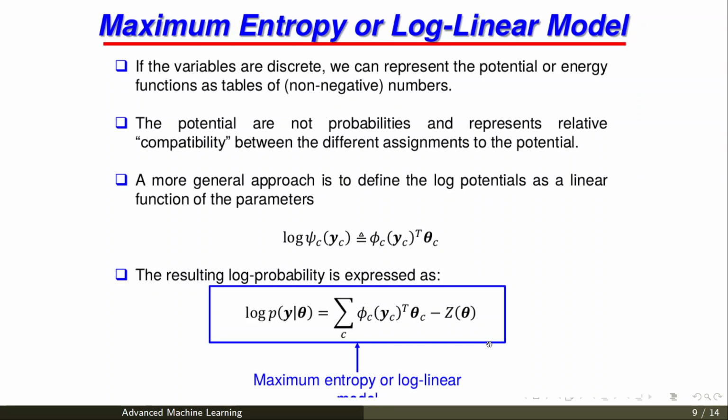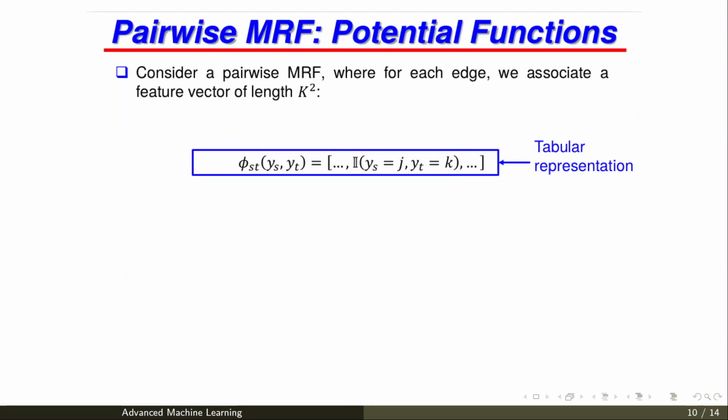So the resulting log probability is expressed like this: log p(y|theta) is the summation over this minus the normalization factor. As an example, if you work with the pairwise Markov field, let's say each of these random variables can take k values.